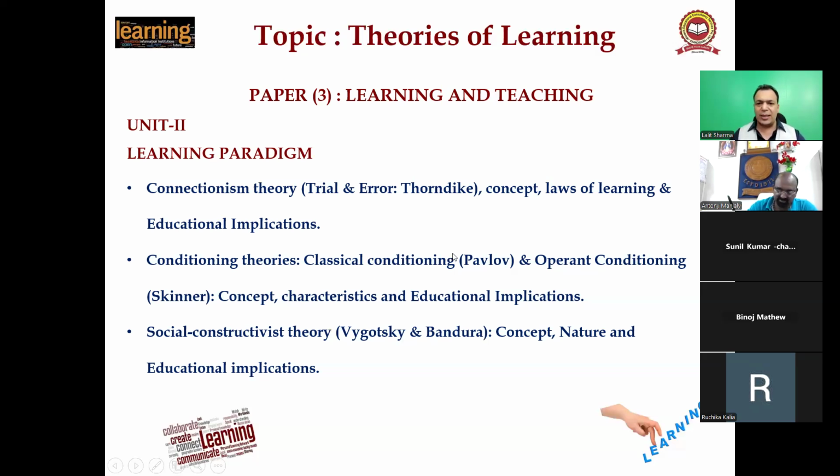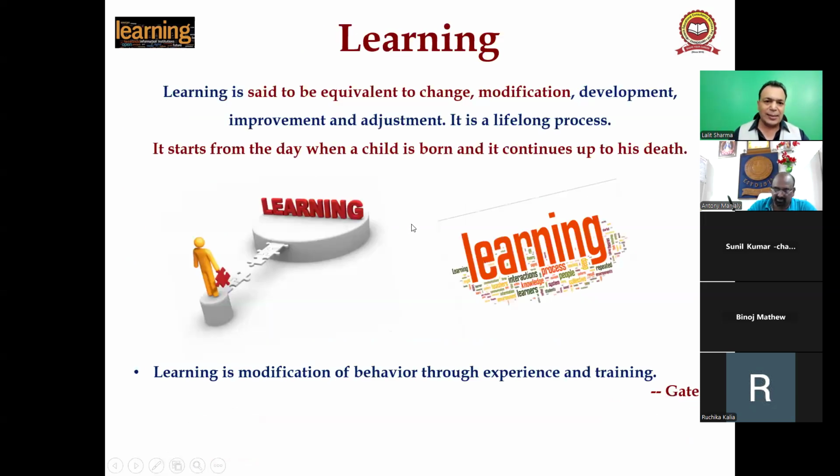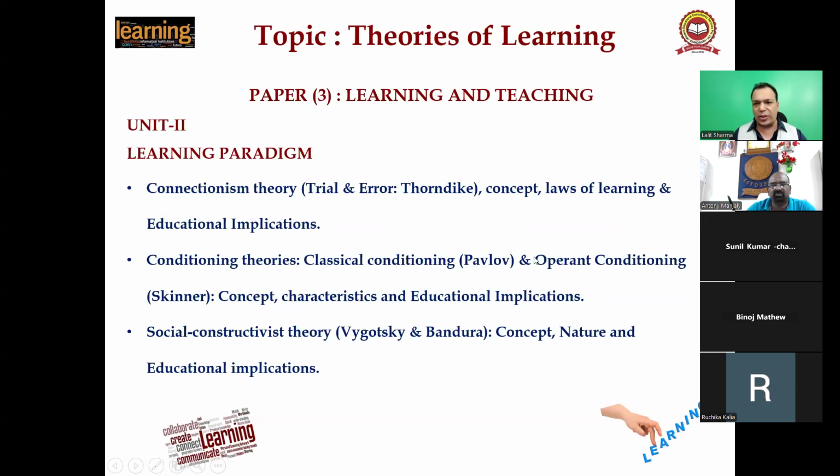Second and third is operant conditioning theory. And fourth is social constructivist theory, Vygotsky and Bandura, right? Social constructivist theory, Vygotsky and Bandura. So out of the 4 theories, today we are going to discuss 2 theories. Okay. So we will discuss today trial and error theory and second is classical conditioning theory.